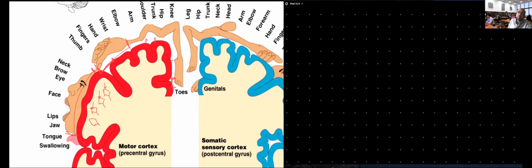So which one do you have better control of, your fingers or your toes? What do you think? Can you type with your fingers better or your toes better? Fingers, right? I have much better control of my fingers compared to my toes. Why?